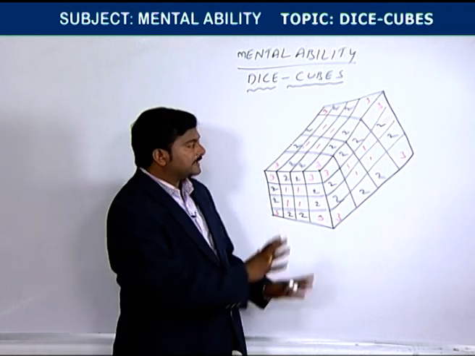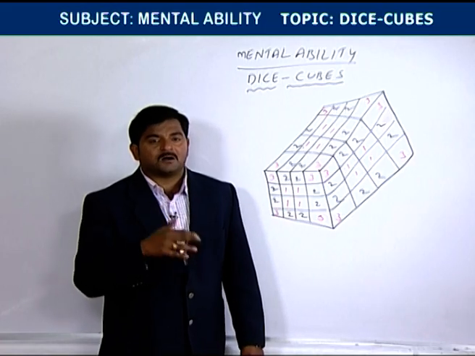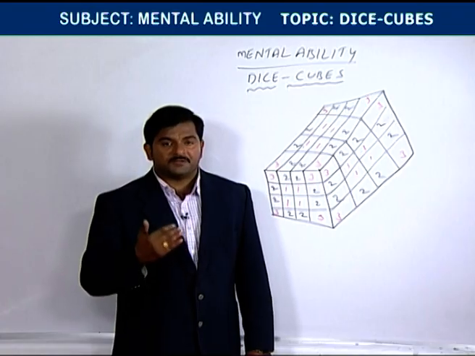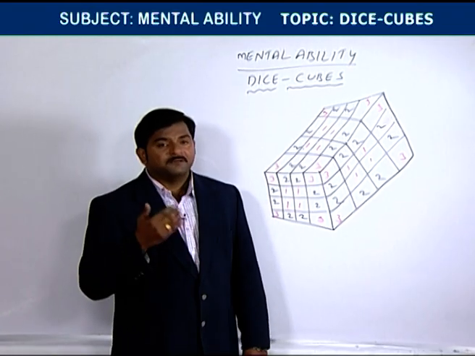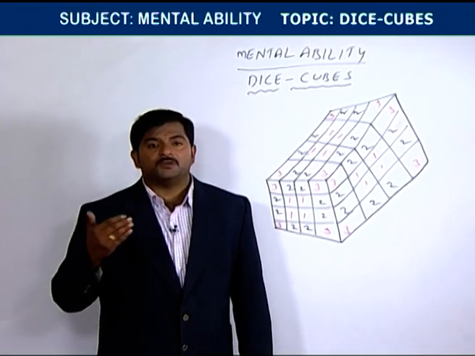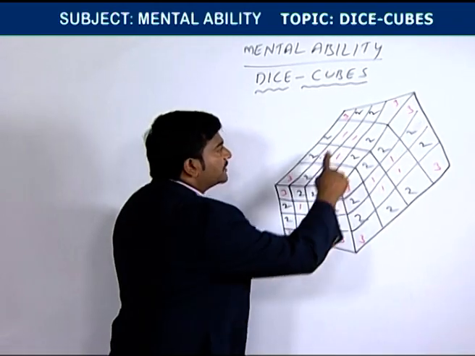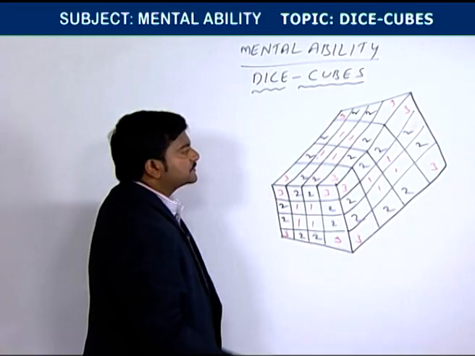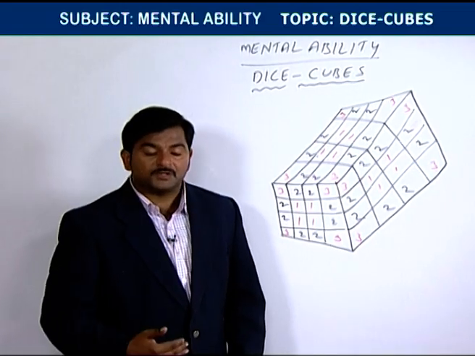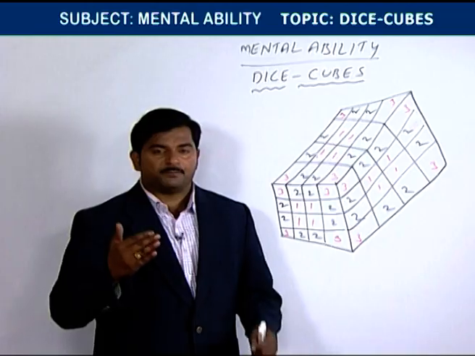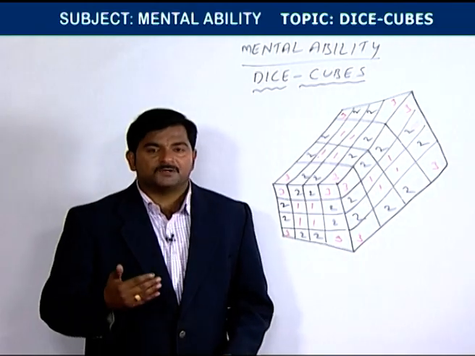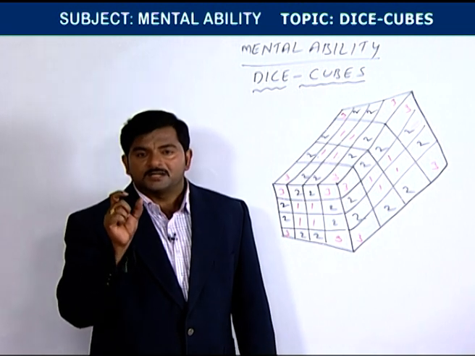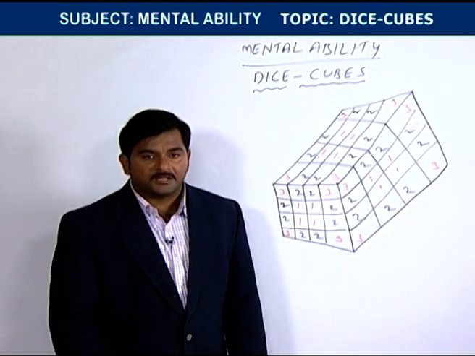I repeat, it is a big cube. I painted all the surfaces and again I am dividing it into various small unit cubes. This big cube is divided into various small unit cubes. ఆ పెద్ద ఘనాన్ని చిన్న యూనిట్ ఘనాలుగా డివైడ్ చేశాను.